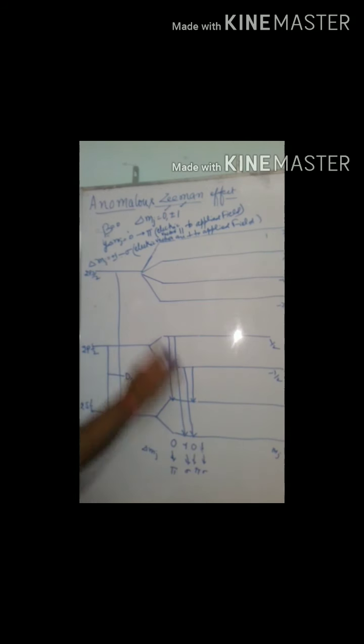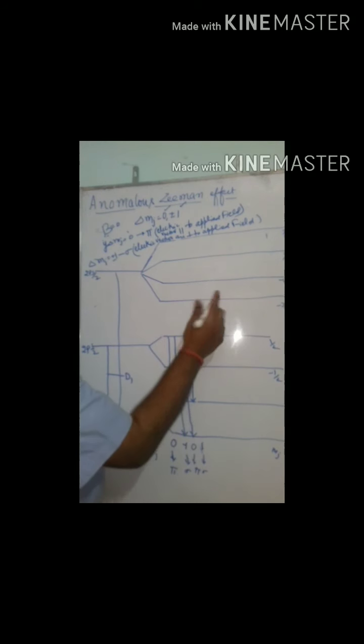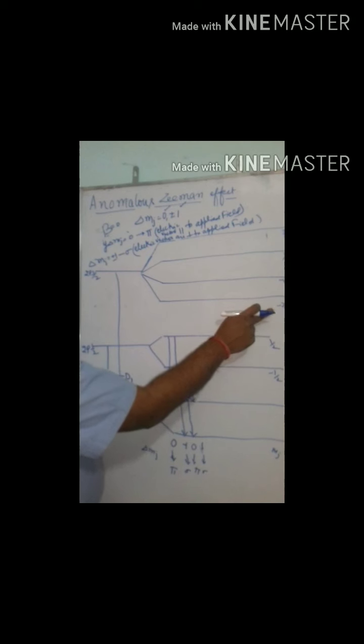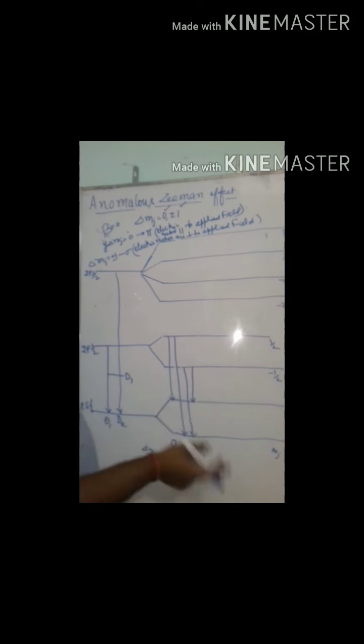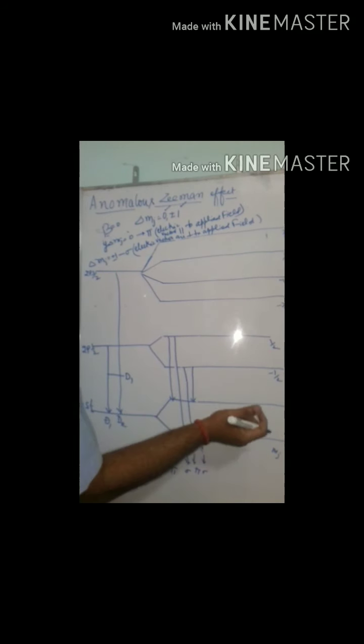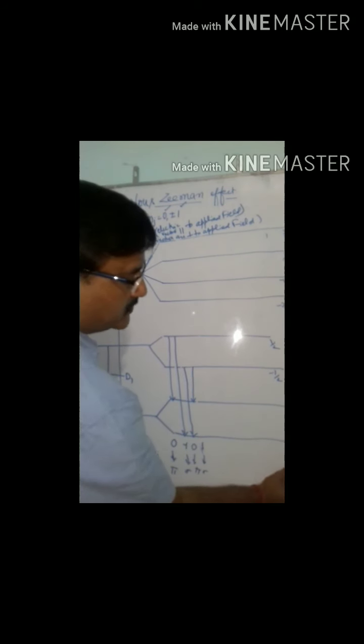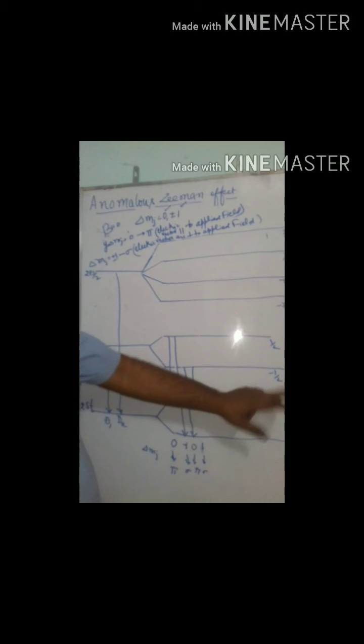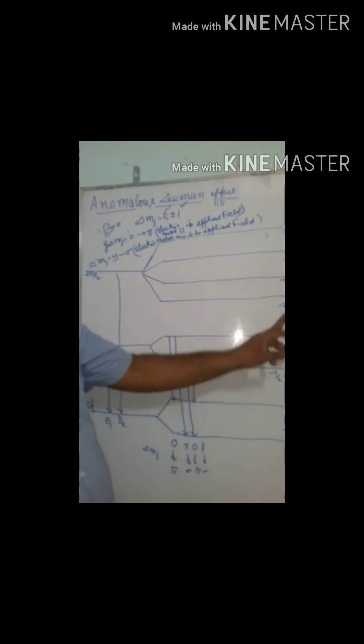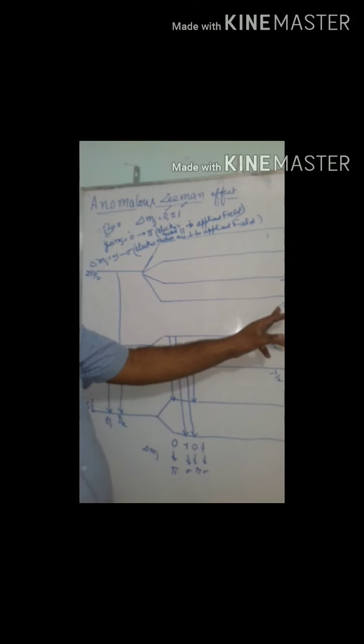Second is from this state to this state. Now see, from minus 3 by 2 to minus 1 by 2. If I say from minus 3 by 2 to minus 1 by 2, is it possible or not? See the delta mj value. So delta mj for this, this is the mj value, from minus 1 by 2 minus 3 by 2, that is plus 3 by 2.